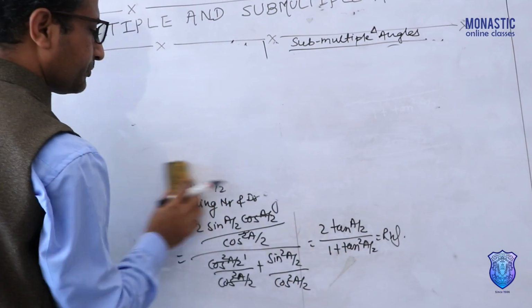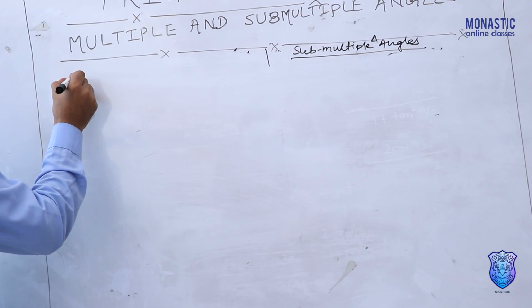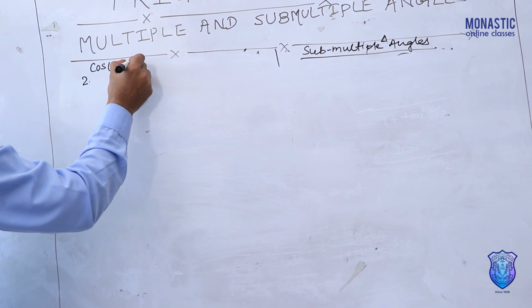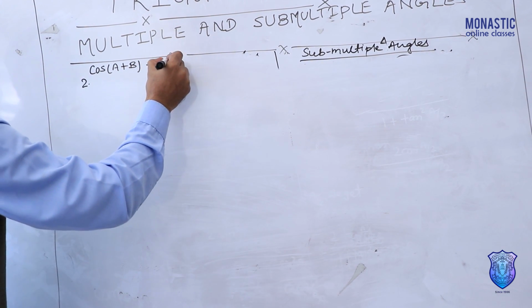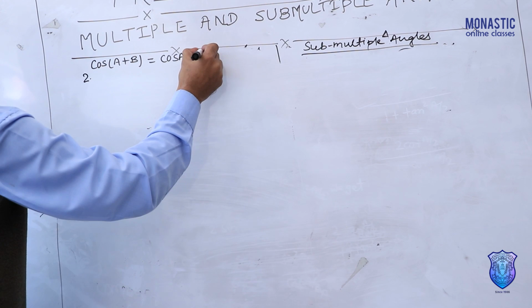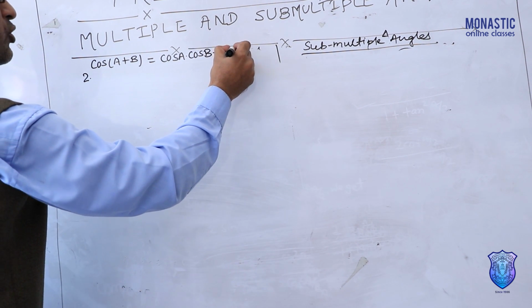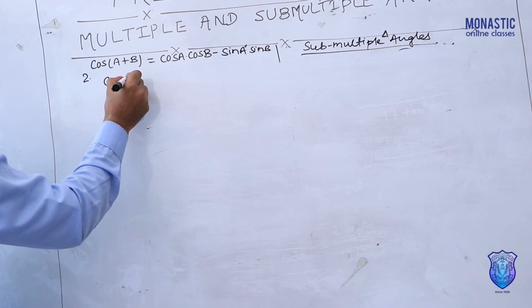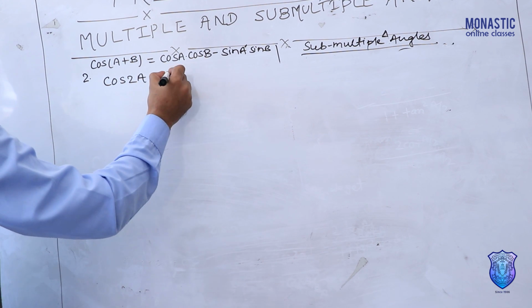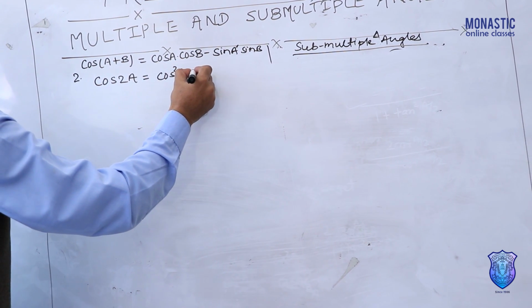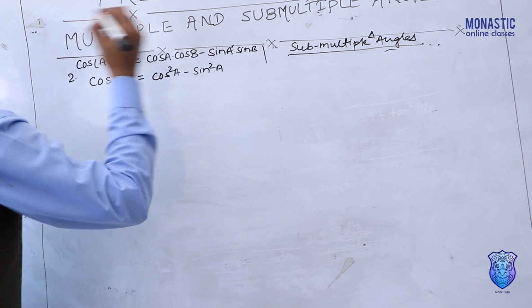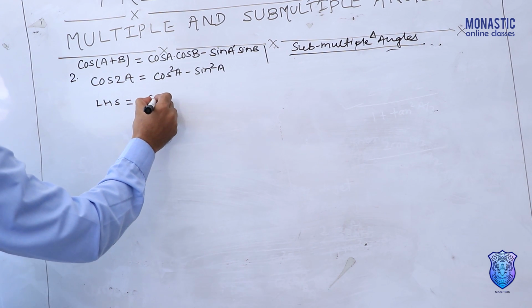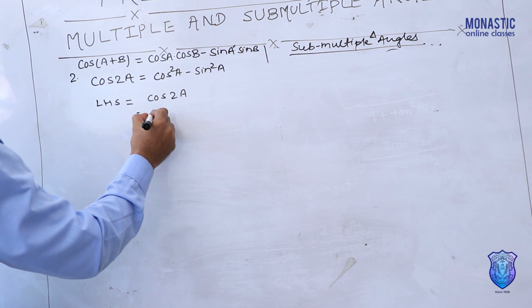Now move further. Coming to the second formula, in compound angle we have learned cos of A plus B is cos A cos B minus sine A sine B. Now we have cos of 2A equals cos square A minus sine square A. To prove this, the same thing is applied.